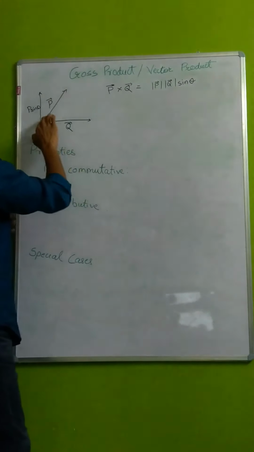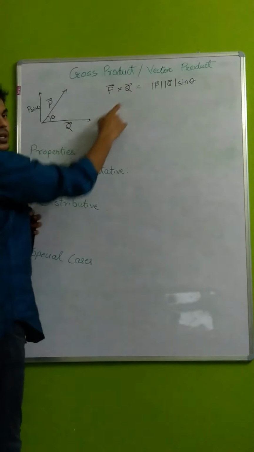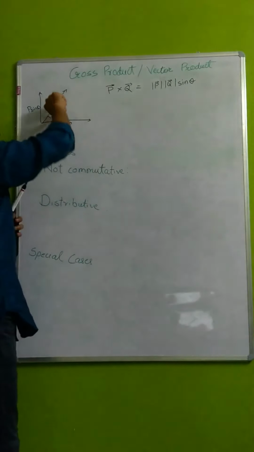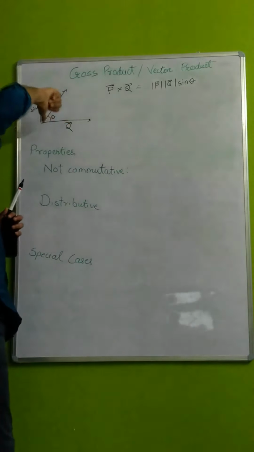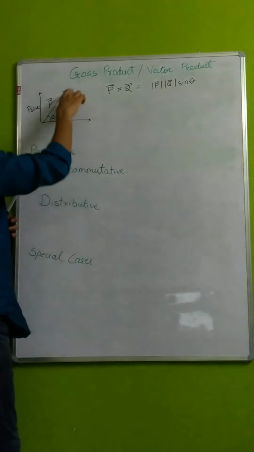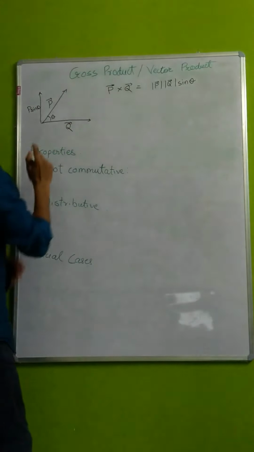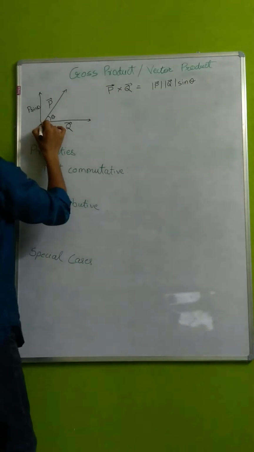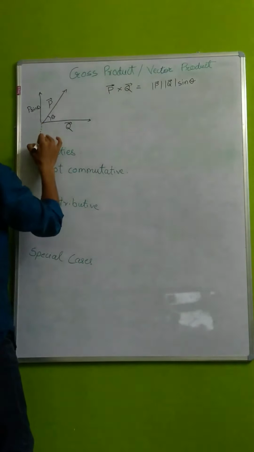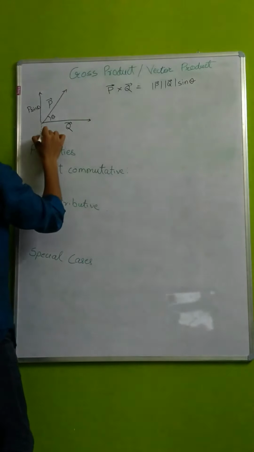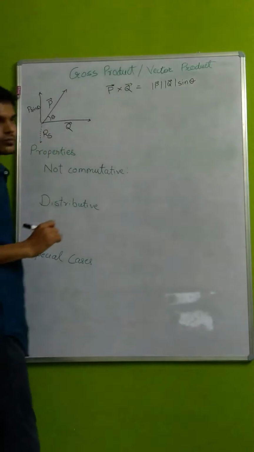If we are multiplying P cross Q, then it is P and Q. So if this is a 2D plane, then the direction of P cross Q will be in downward direction. So the resultant vector will be in this direction. We will name this resultant vector as RS.